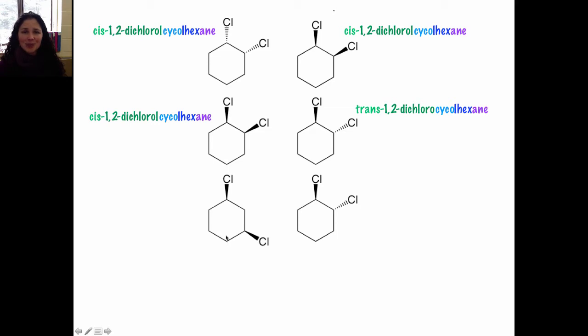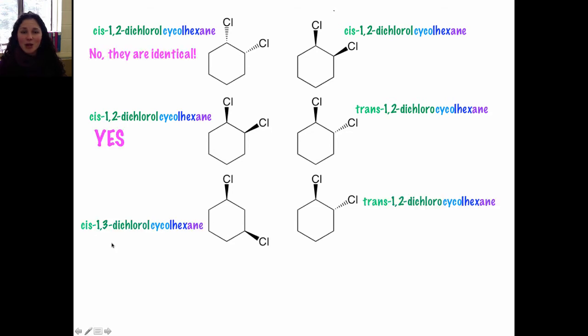In the third example, please notice that the chlorines are not attached in the same positions in the first isomer compared to the second. If the atoms are not attached in the same way, they are structural isomers, not stereoisomers. The first molecule is cis and the second molecule is trans, but they are not cis-trans isomers because their atoms are connected differently.